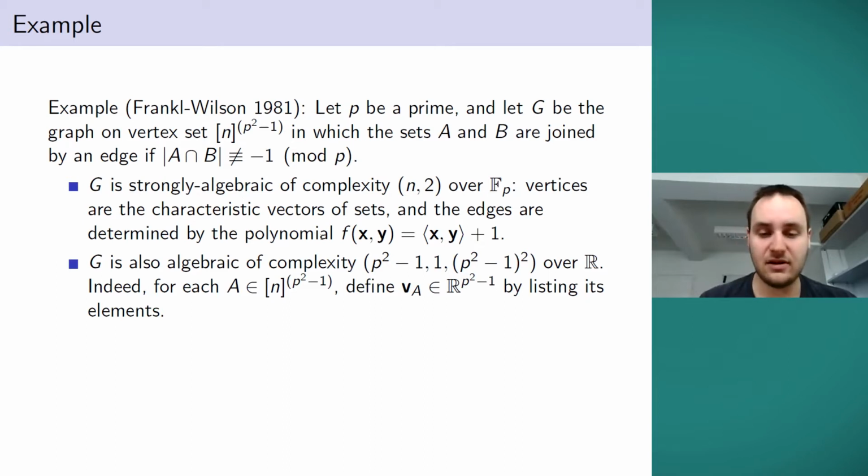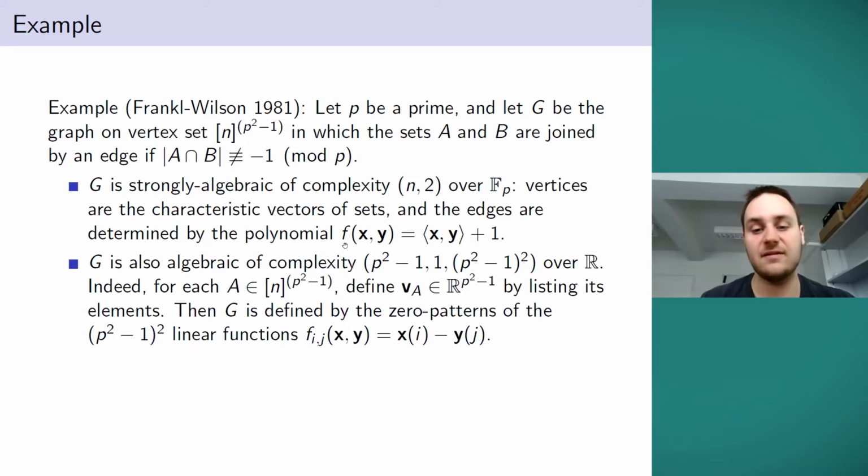And then in order to define the edges of the graph, it is enough to look at these simple linear functions f_ij(x,y) = x_i - y_j. What these functions do is compare the i-th coordinate of x with the j-th coordinate of y.